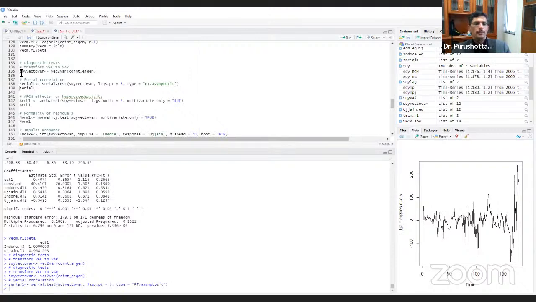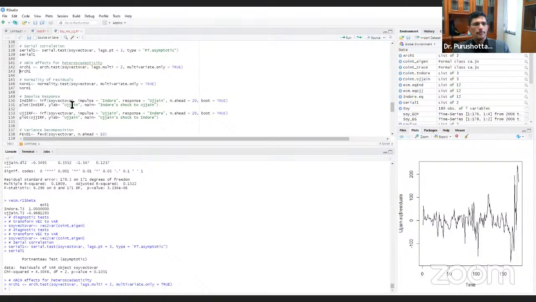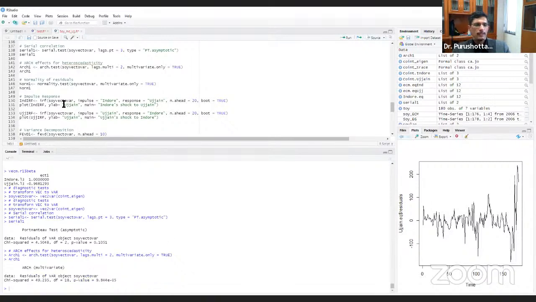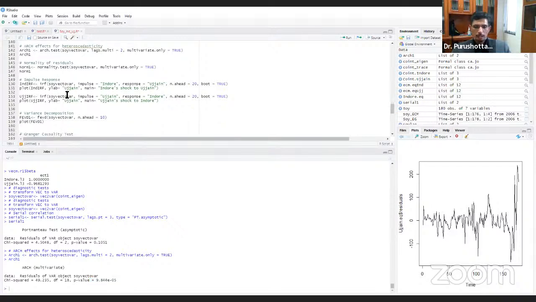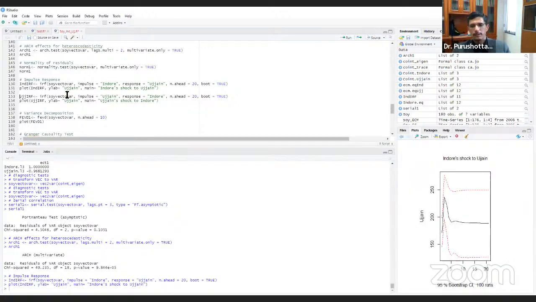Then we are going to test for serial correlation, and yes, asymptotic, but it is not significant. Then the ARCH LM test for heteroscedasticity, highly significant one. Then impulse response, how the series are responding to the shocks in another series.